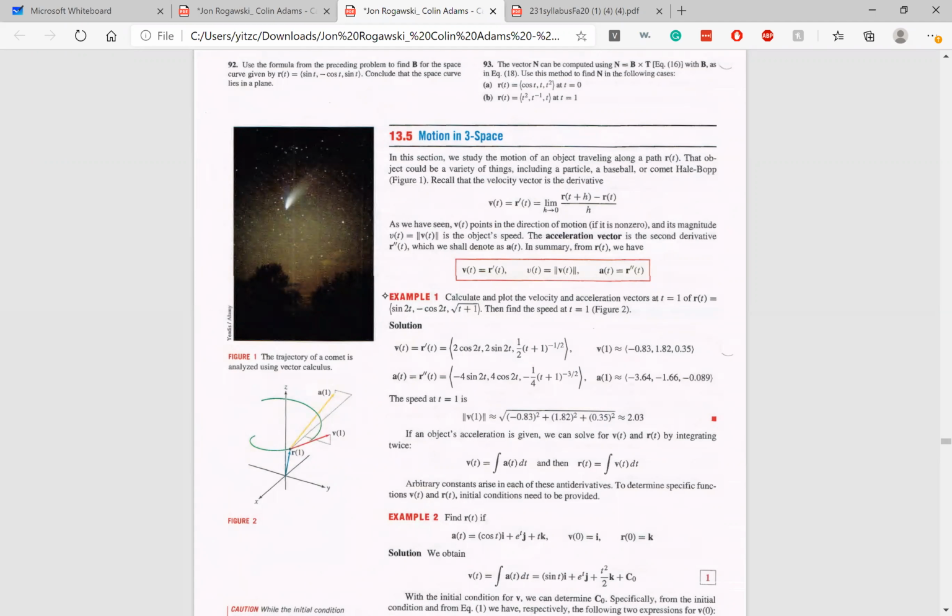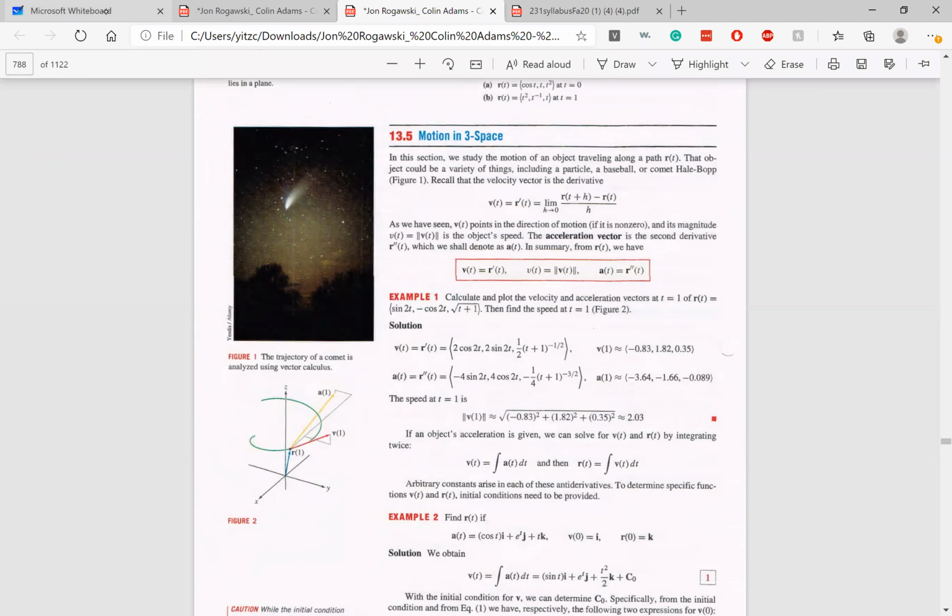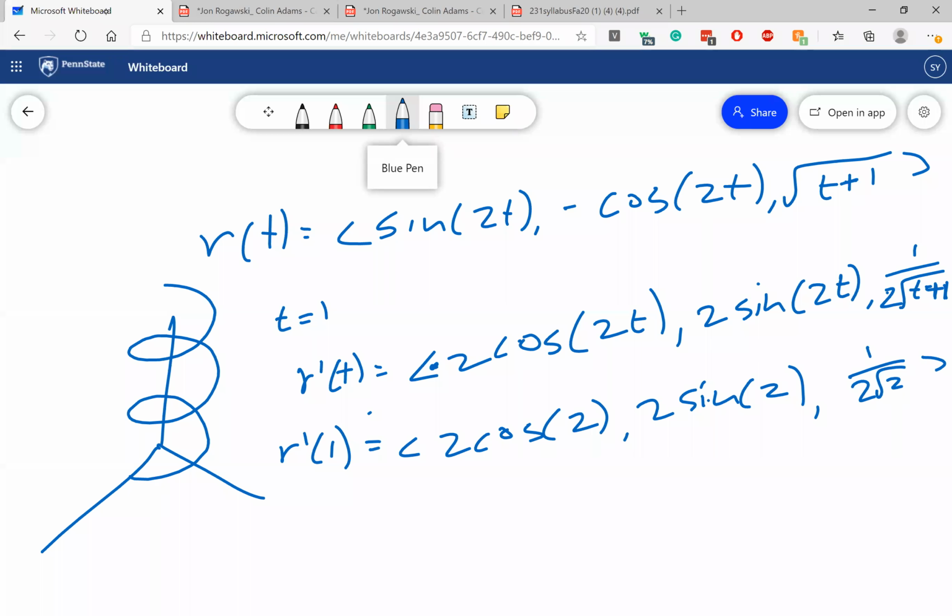Okay. And so when we look for the acceleration, we're going to take the derivative again of the velocity vector.